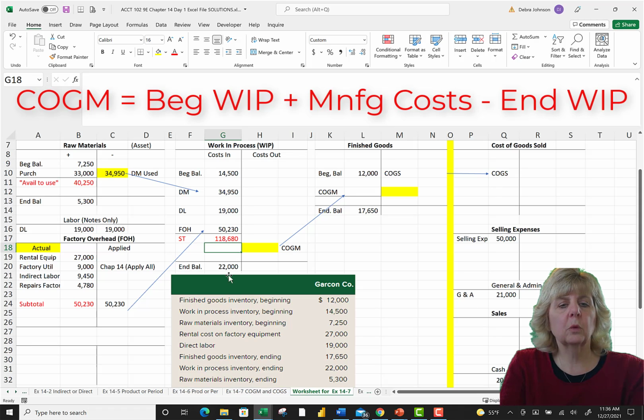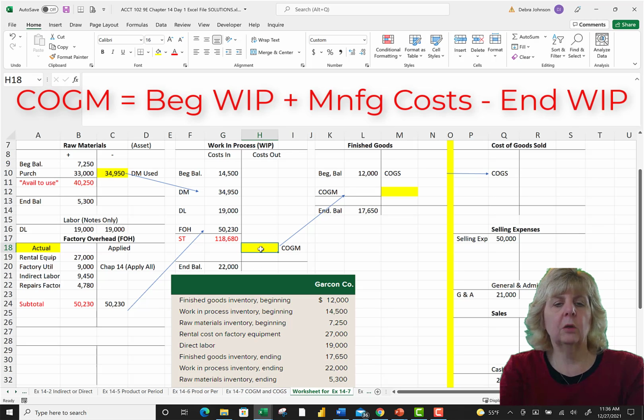Well, here's what is still left incomplete or uncompleted. Sitting in that WIP account is 22,000 of unfinished jobs or unfinished goods. So the goods that we must have completed and that need to be transferred out because they are no longer under process or under construction is the difference between these 2 amounts.